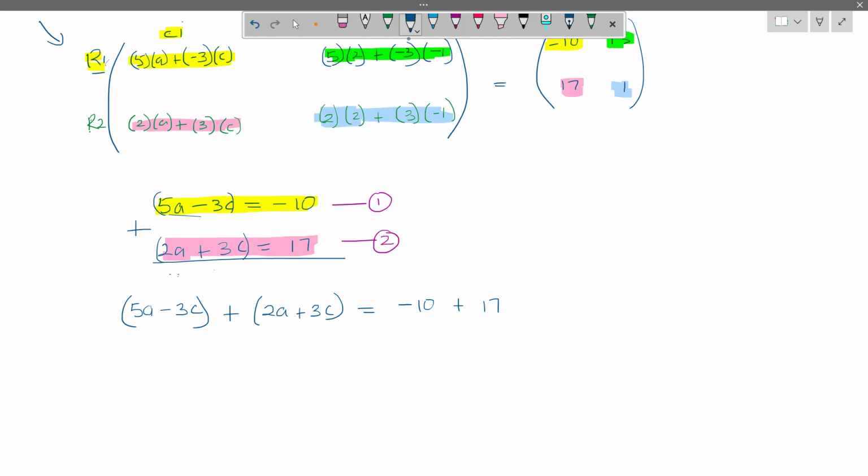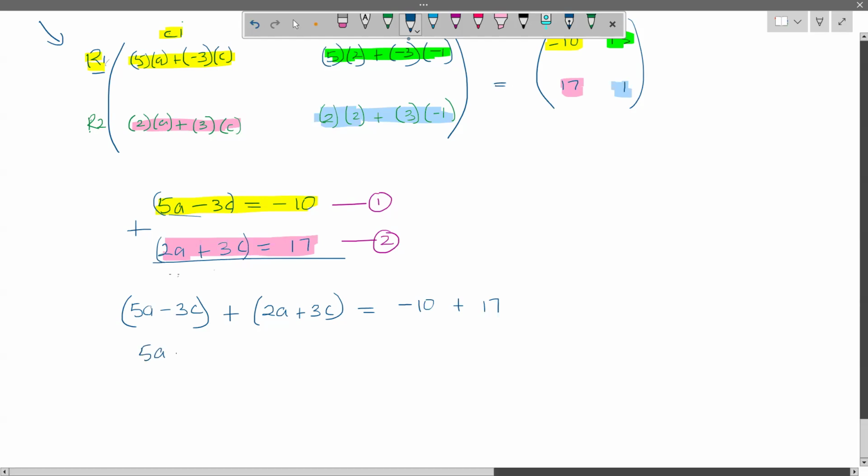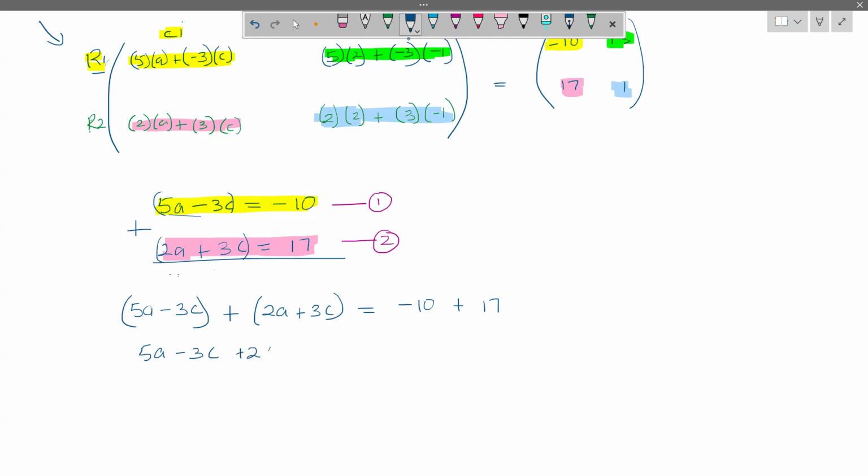Look at what will happen when I add. So I take this here, put it in a bracket, I add this here in a bracket, put back my equal sign, and I add minus 10 and 17, right? Watch this. 5A minus 3C plus 2A will give me plus 2A, plus 3C will give me plus 3C. And on this side, minus 10 plus 17 would give me 7. Right?